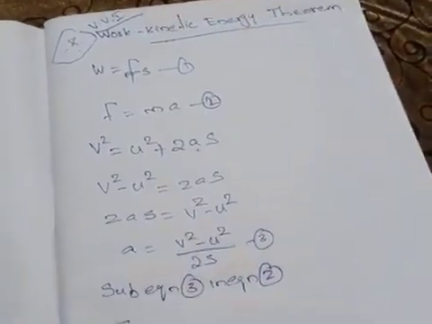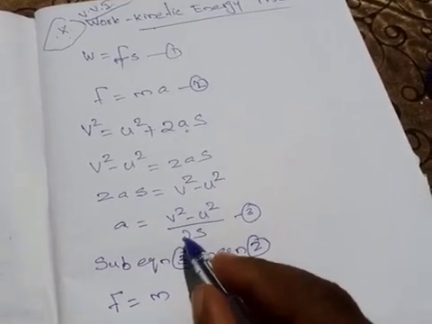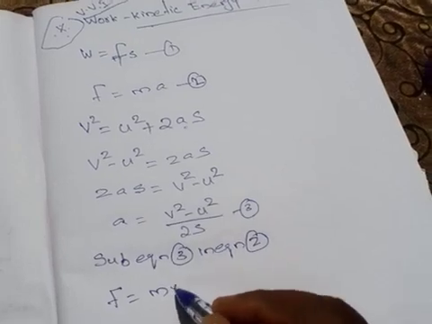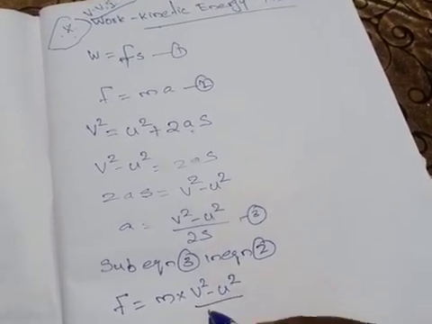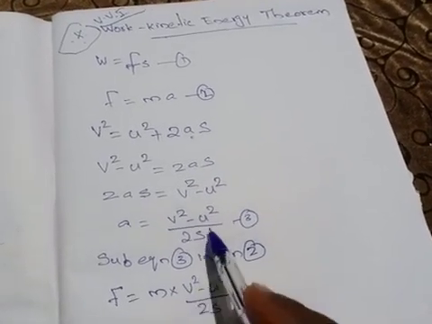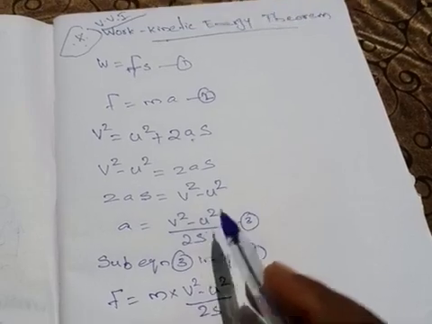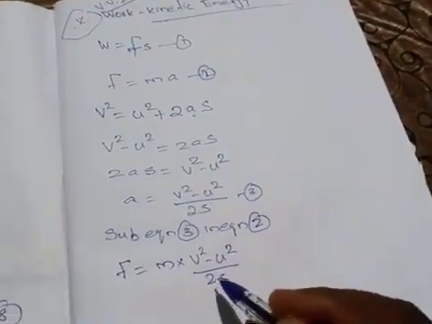Equation 2 is F is equal to ma. Instead of a, you have to put V square minus U square by 2s. So m into V square minus U square by 2s. So equation 3 is substituted in equation 2, and you will get this one.